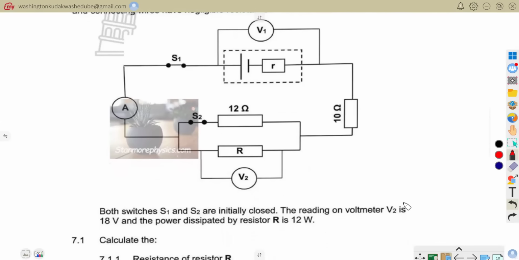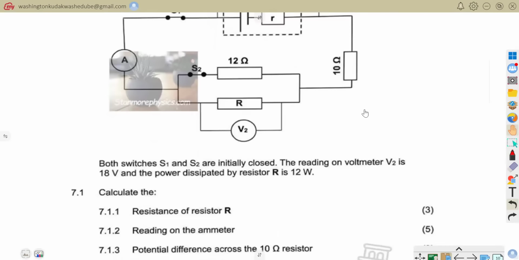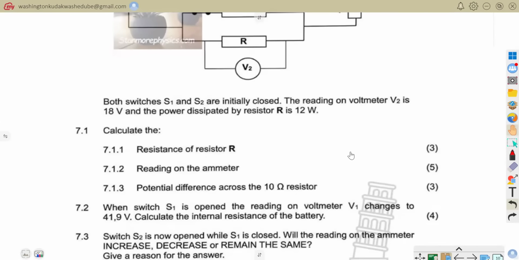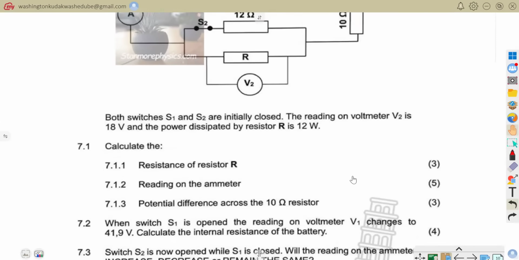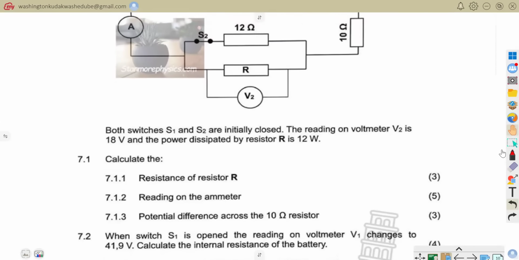The reading on voltmeter V2, this one, is 18 volts, and the power dissipated by resistor R is 12 watts. That is what they've told you there. If that is the case, they are now saying, calculate the resistance of resistor R.